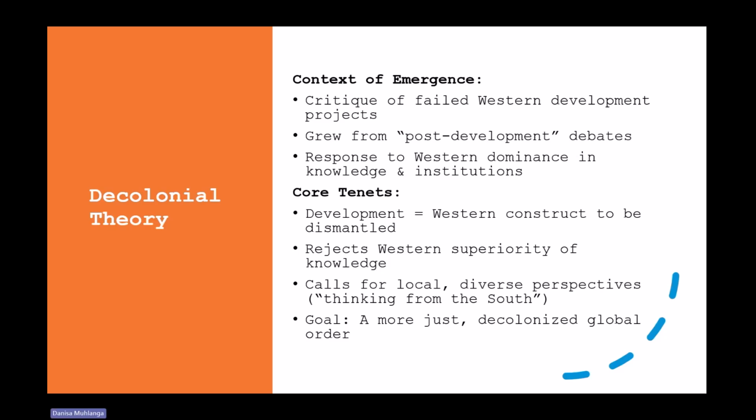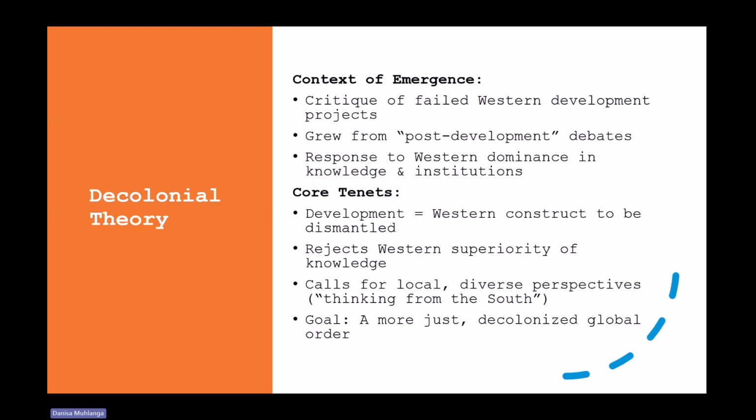So, as I said, the decolonial theory was formed as a radical critique of modernization theory, as well as the entire concept of development. It didn't agree with that. It emerged from the critiques of post-development thinkers, who argued that development itself was a system of power and knowledge that was imposed on the global south.